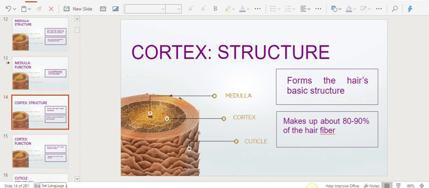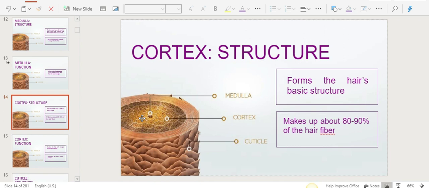So the next structure here will be the cortex, right? Now the cortex is so important, but for some reason nobody ever talks about it. And the reason is what? Because it is not the outer layer. You don't see it, right?